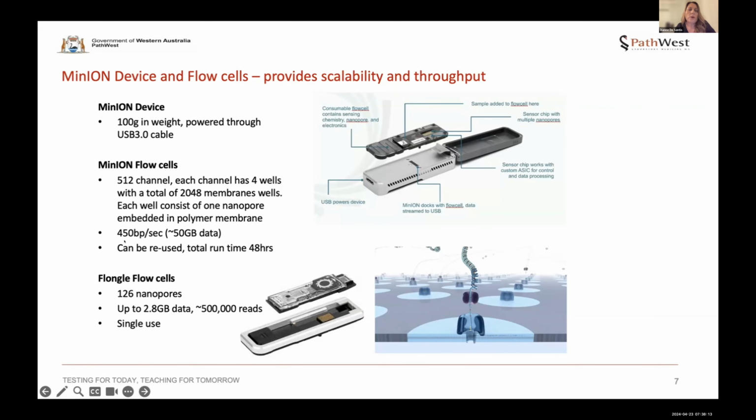Sequencing speed is around 450 base pairs per second, and it can be reused for a total runtime of 48 hours. We also have the single flow cell, Flongle flow cells, which have 126 nanopores. They're single use and generate up to about 2.8 gigabases of data.